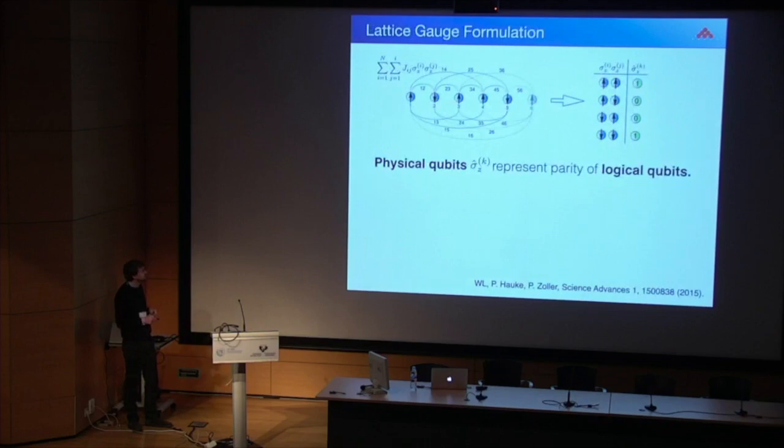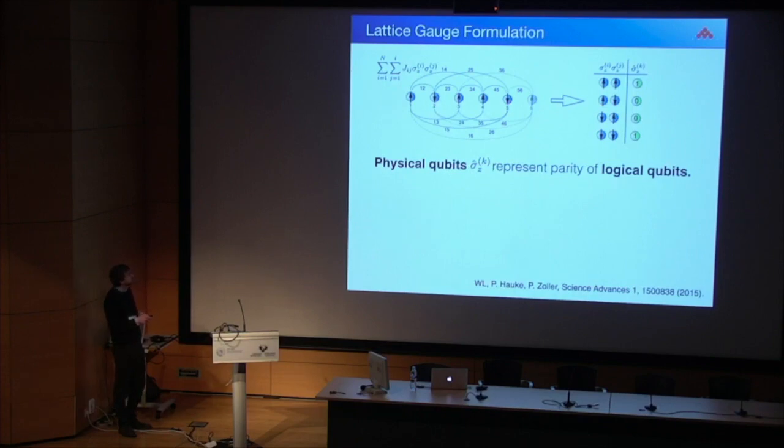And in order to do this, we need additional degrees of freedom. And these additional degrees of freedom we introduce by a mapping that has been introduced in this paper, where we map our Hamiltonian into a classical lattice gauge model. So the strategy is that we take a Hamiltonian which is all-to-all connected and has interaction matrices, and we represent it by its parities.